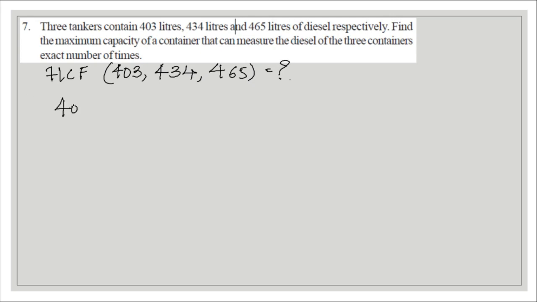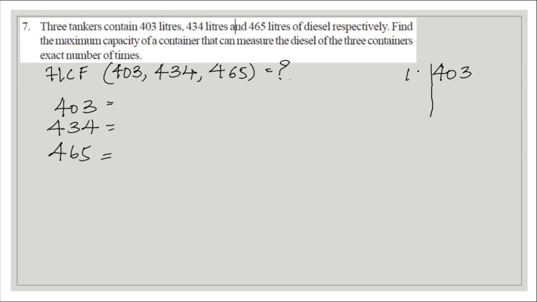So we need to express each of these numbers in terms of a prime factorization. We can write this as a prime product. 403: the number is not divisible by 3, it's not divisible by 7, 7 fours are 28, 12 will remain, 7 fives are 35, no, it's not divisible by 7.